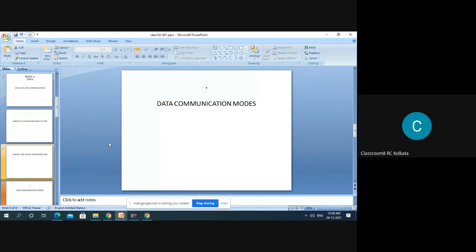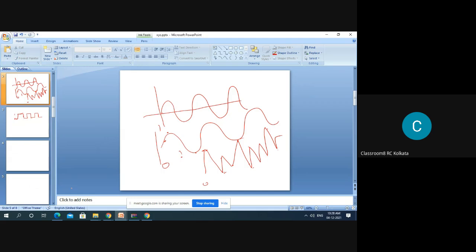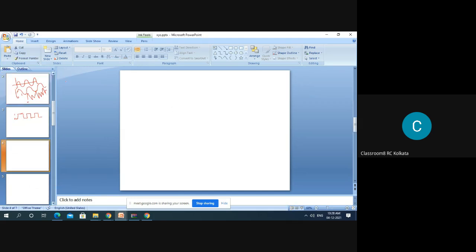In serial transmission, data bits flow from one computer to another one by one. Suppose computer 1, just look at my board. Suppose it is one place and it is another place. It is a very thin bridge. Suppose 10 persons want to go from this place to this place.